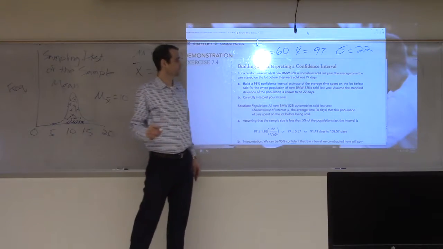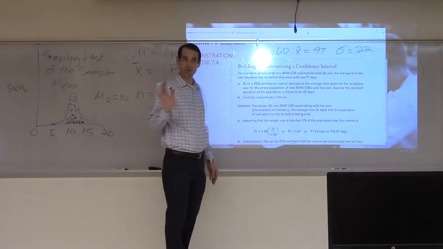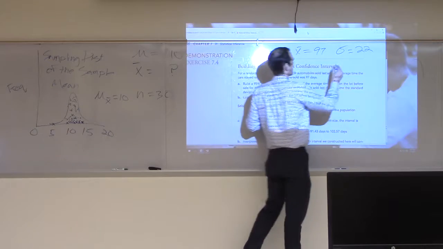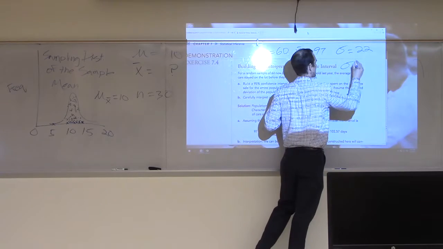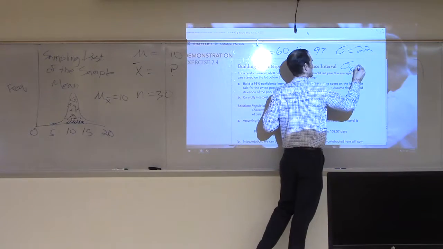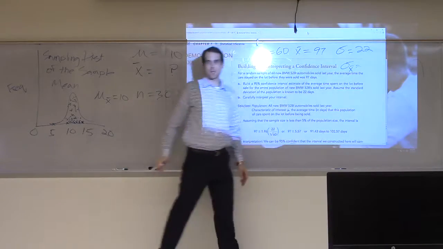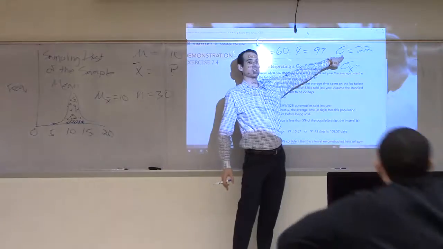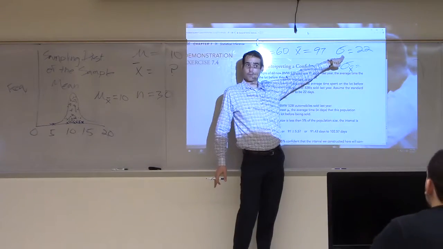Alright, now this is the first one we've done, so I'll remind you that the first thing we're going to need is the standard deviation of the sampling distribution of the sample mean. Now the population standard deviation is 22.